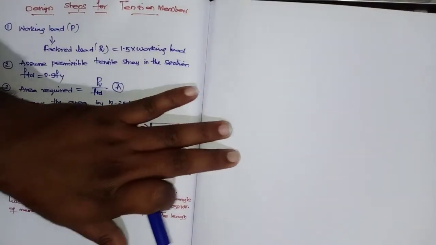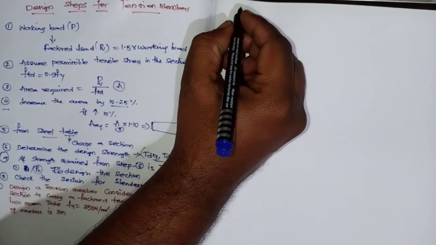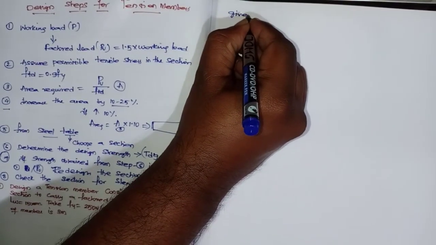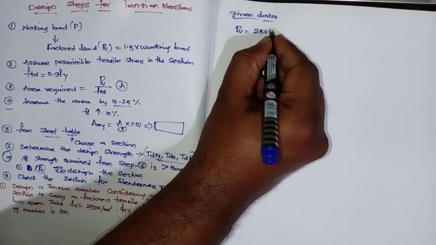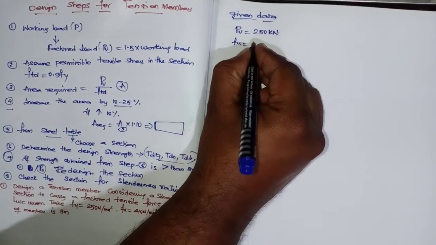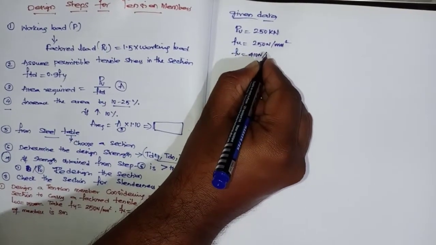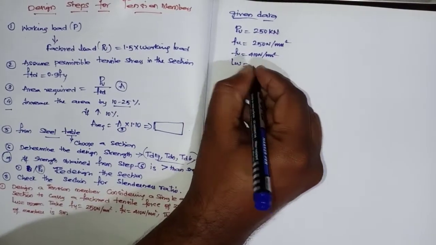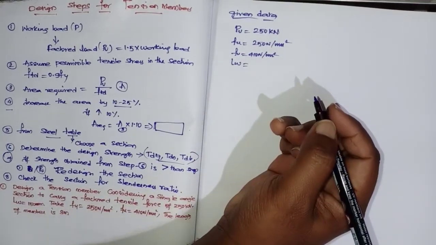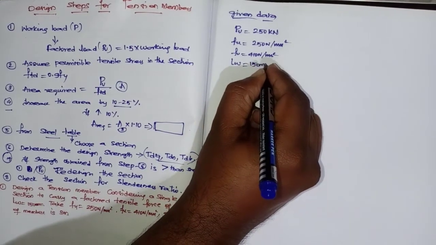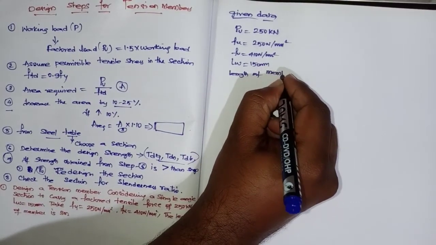Now we'll write the given data here. Factored load given, how much is it? 250 kilonewtons, Fy is 250 Newton per mm square, Fu is 410 Newton per mm square, and Lw is 150 mm, and the length of the member is given.